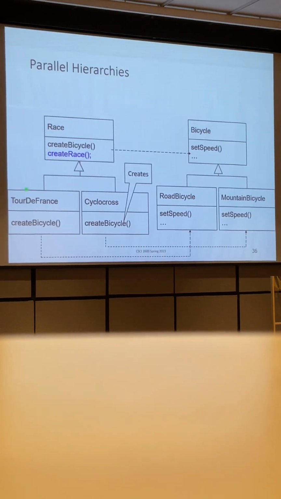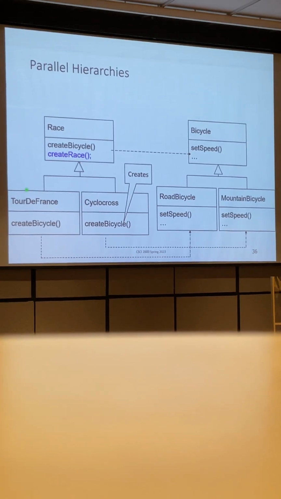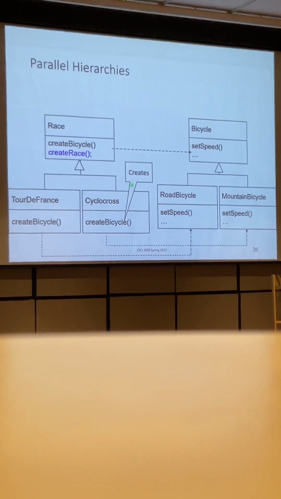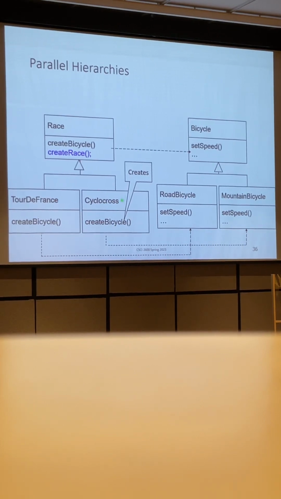Here we have an example of parallel hierarchies, where we have 2 hierarchies, a hierarchy of races and a hierarchy of bicycles. That's why it's called parallel hierarchies. We have create bicycle that is overridden in each of the subclasses of race. We follow this link and see that this create bicycle creates a mountain bicycle.